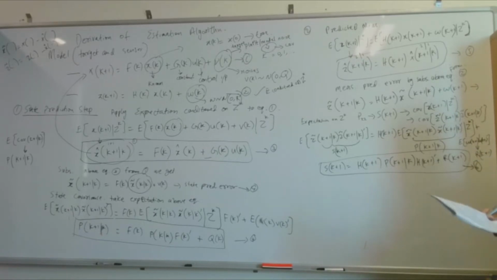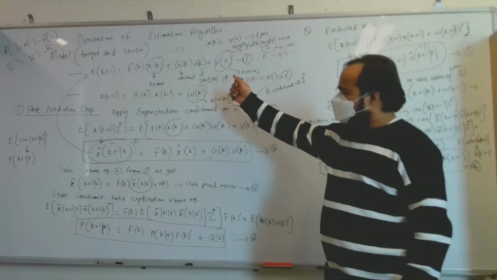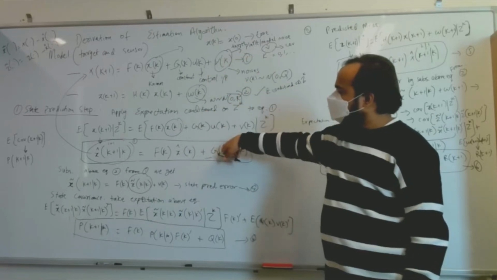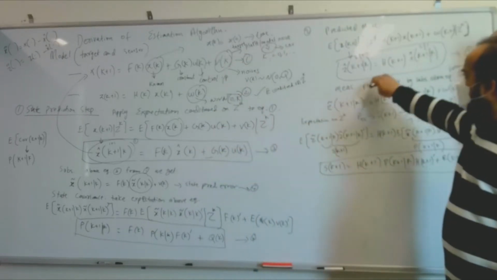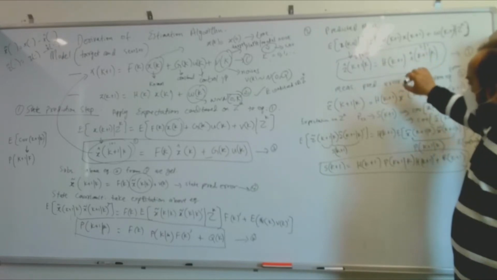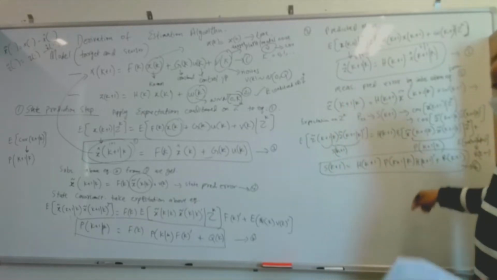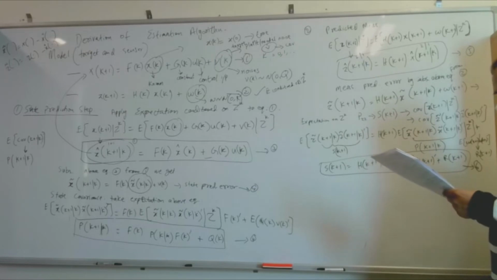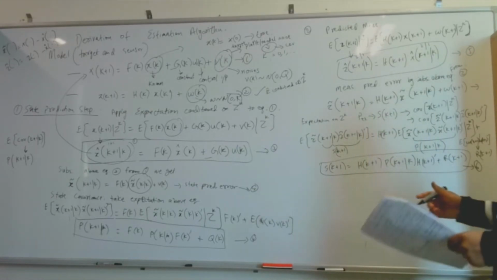Clear? First you have to obtain the mean value of this one, then the covariance of this one, then this is used for the measurement prediction here. Then again you have to calculate the covariance of this thing, and this is used as the filter covariance.